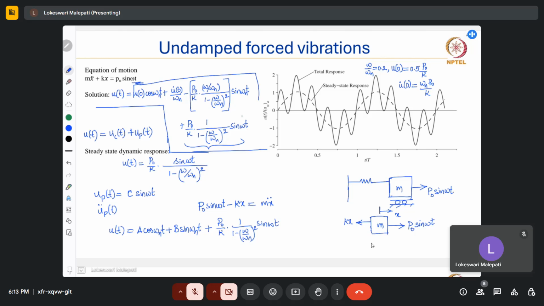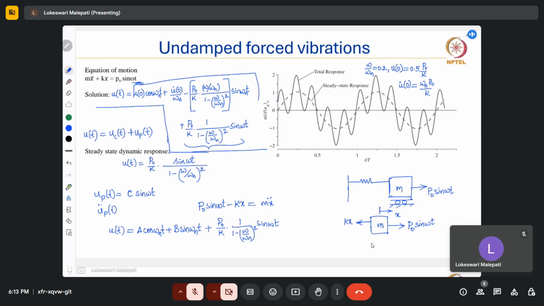Why this name? Because when damping is present, the transient response dies out after a certain number of cycles. However, the steady state response remains. So the total response or total displacement is just the summation of these.